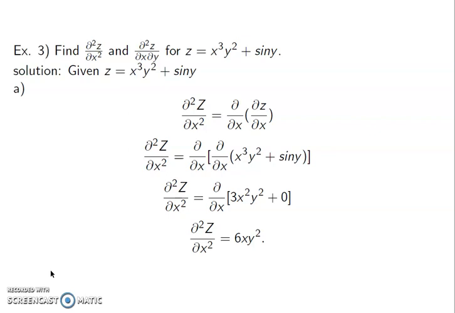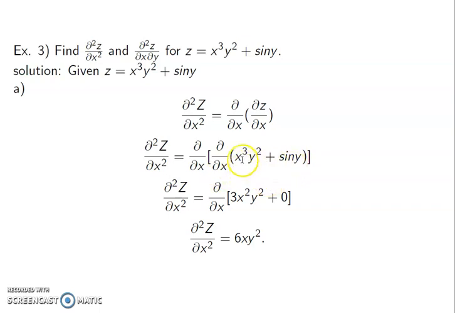For practice purposes, we first solve ∂²z/∂x². Given z is x³y² plus sin y. What is ∂²z/∂x²? This is equal to the double derivative of z with respect to x partially. So ∂²z/∂x² is the derivative of the partial derivative of z, that is x³y² plus sin y. Separate it.